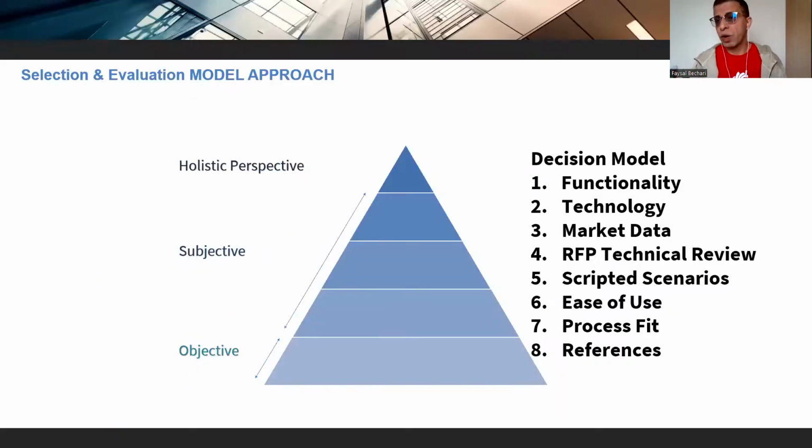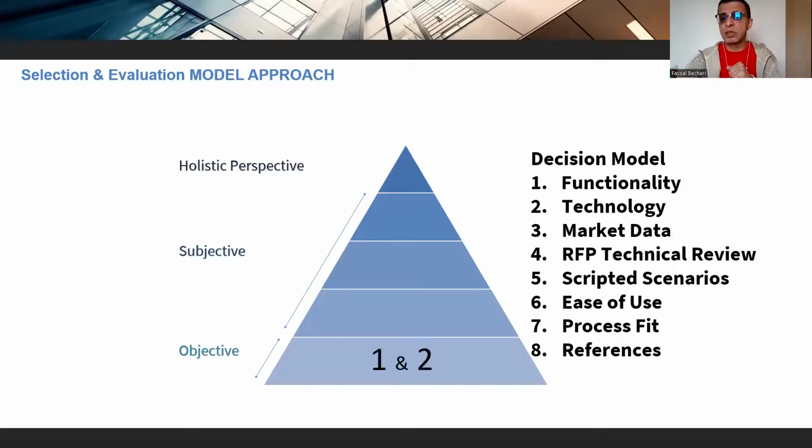Now, the other way of doing it is what the Technology Evaluation Center does. There are a lot, but I'm bringing just two examples, and this one is located in Montreal. What they do is basically separate subjective from objective.